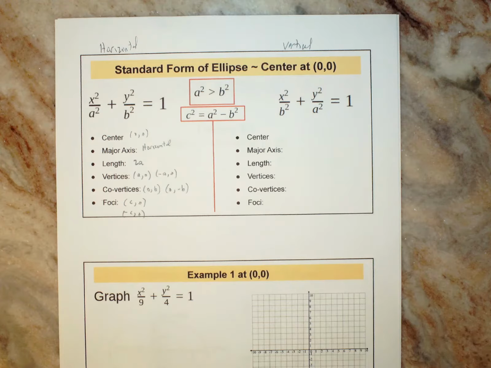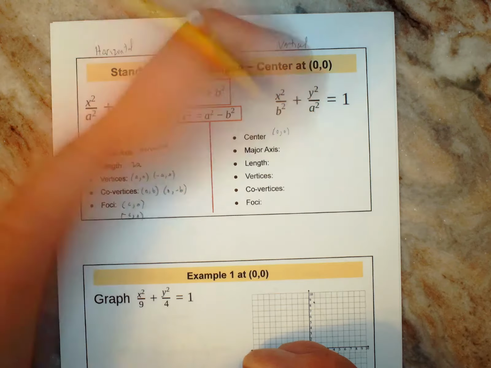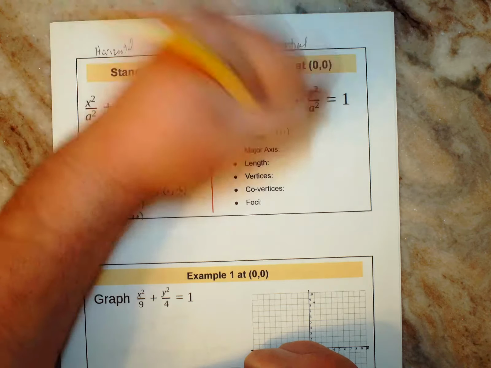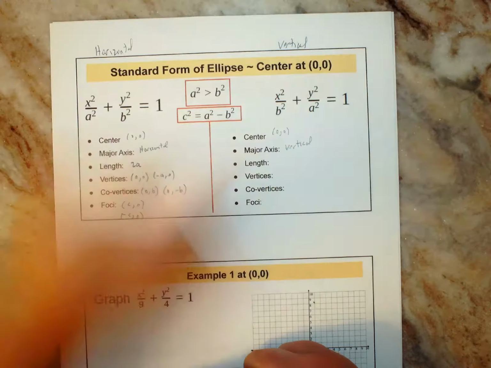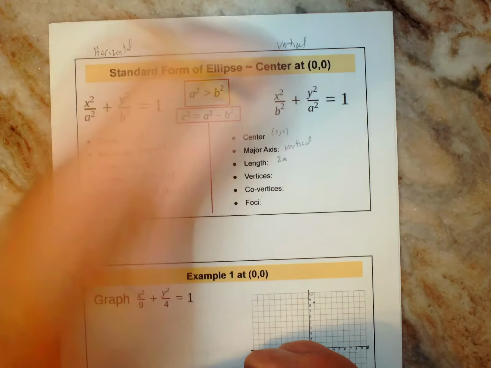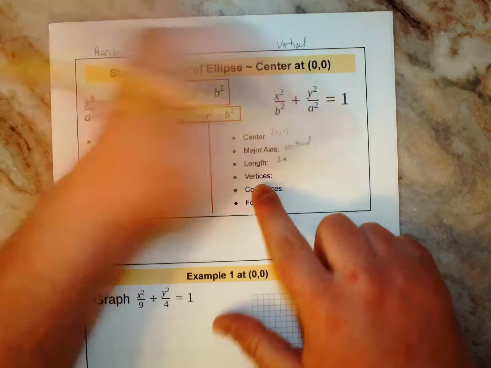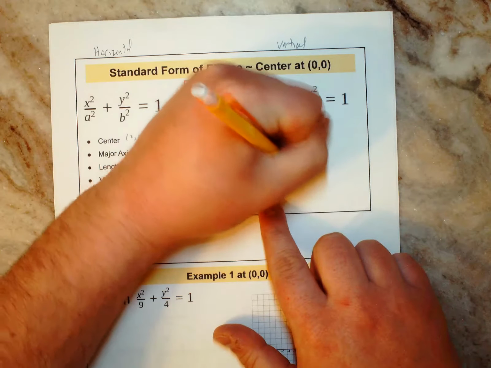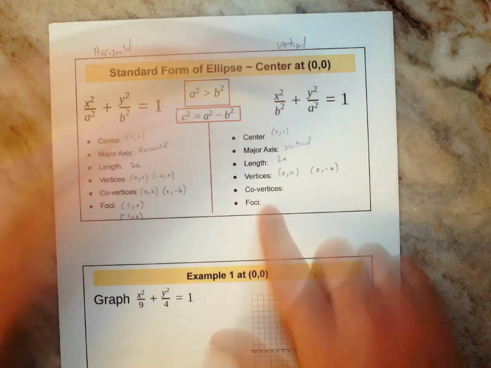So now we're going to do vertical. So vertical over here. Again, your center is at 0-0. Your major axis is vertical. And your length is going to be 2a. Your vertices are now not a comma 0, but 0 comma a and 0 comma negative a.